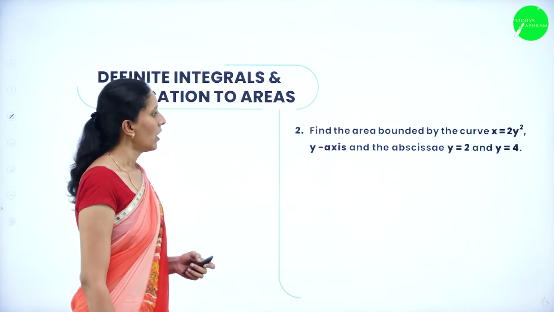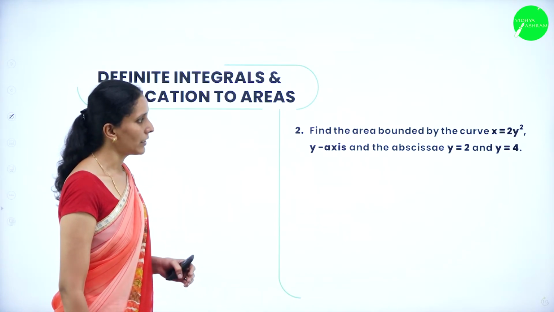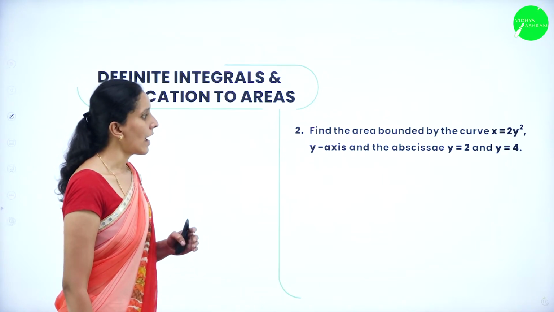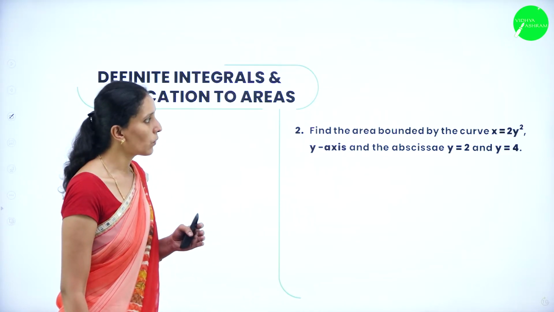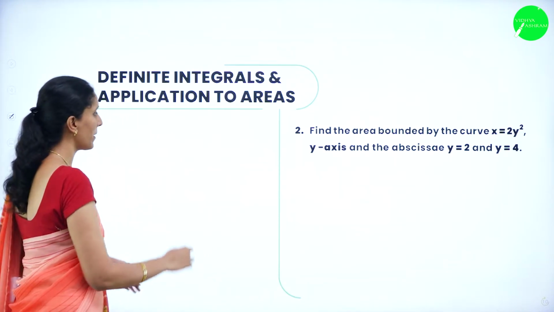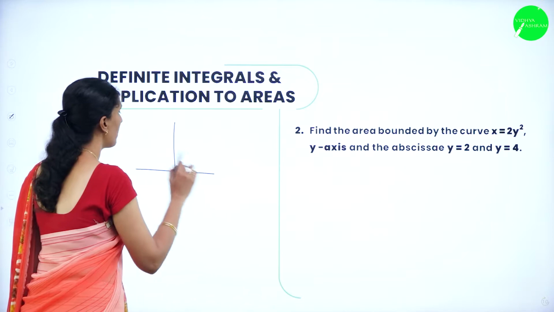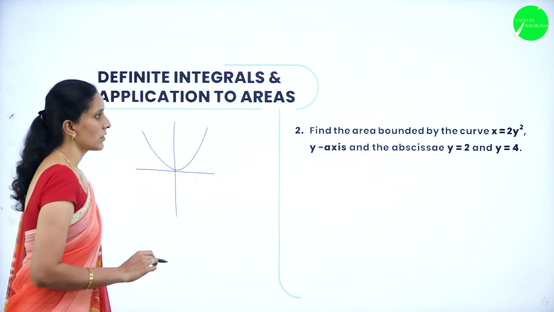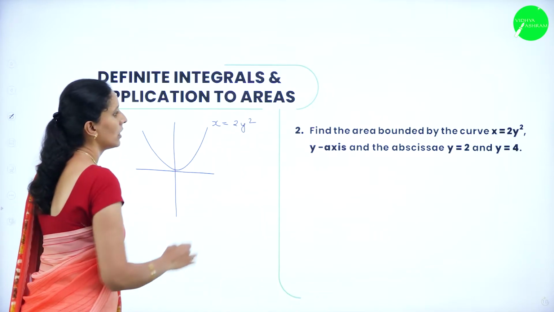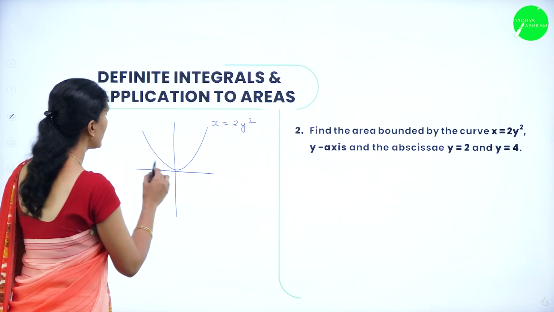Next question. Find the area bounded by the curve x is equal to 2y square, the y-axis, and the ordinates y is equal to 2, y is equal to 4. So x is equal to 2y square means clearly it is an upward parabola. So this is the curve, x is equal to 2y square. Limits are given as y is equal to 2.